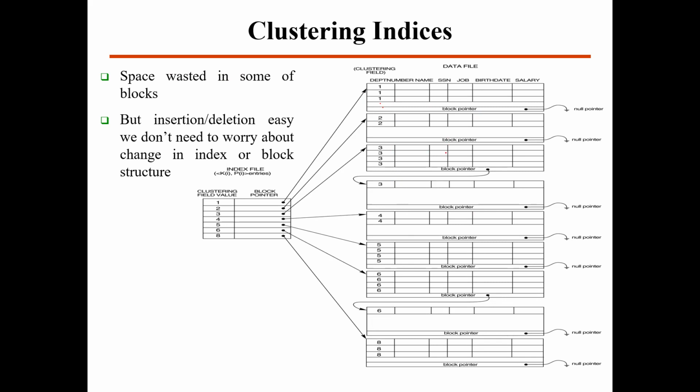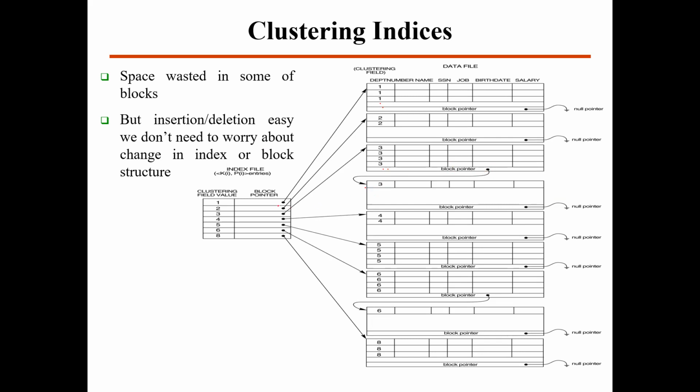Now, one more thing you have to see is, for example, we have a cluster holding three, but you see here even the empty space has been occupied. So we created a new cluster, which is linked to the last entry of this cluster. This is called a block pointer.